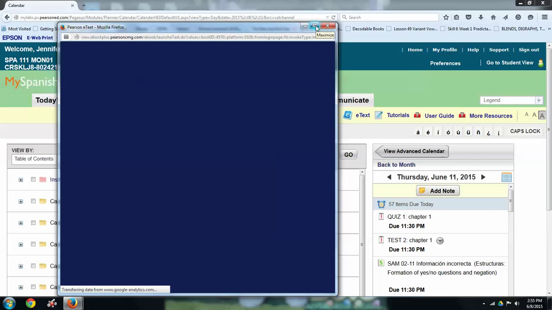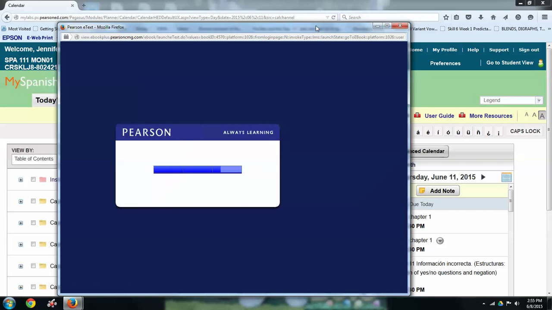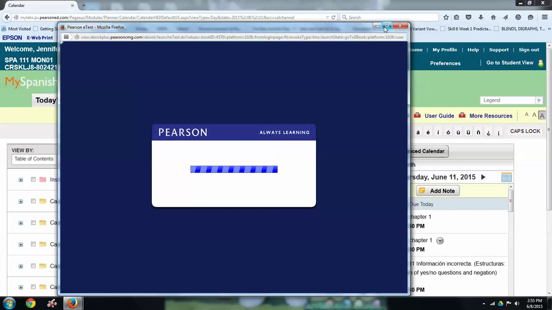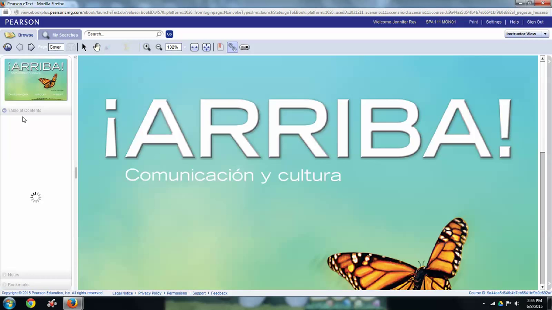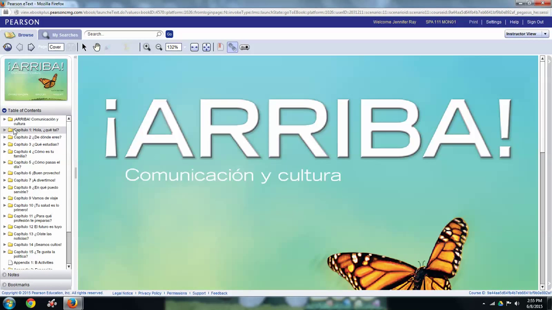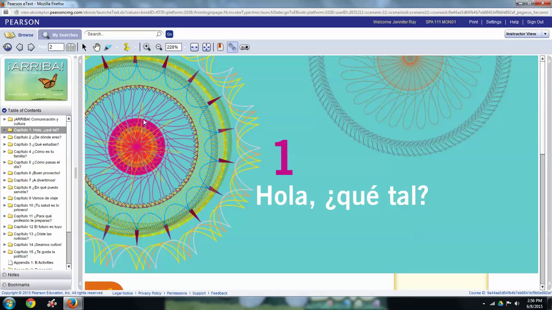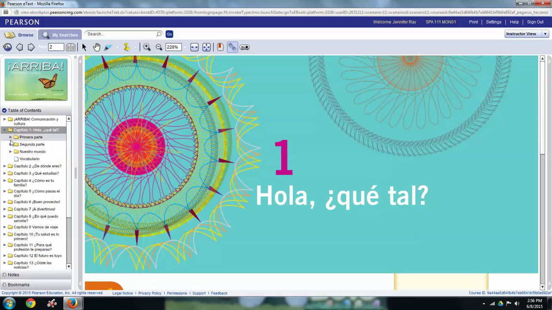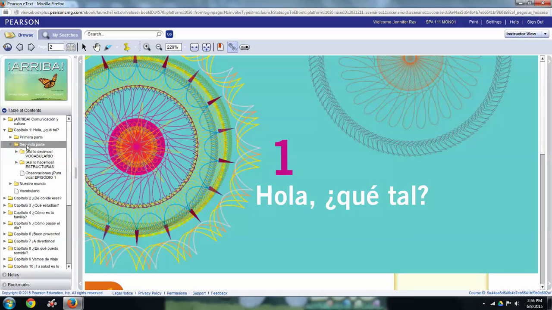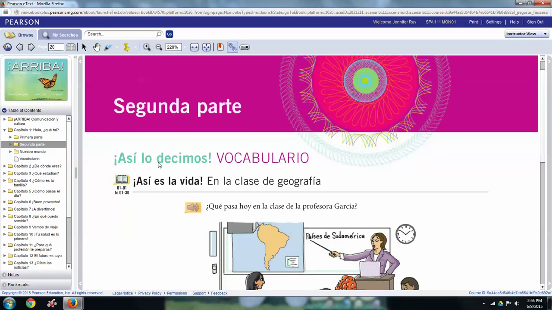It should just cover the first part of chapter 1. So if I pull up my e-text here, I'm sorry, that's taking a few minutes. We started chapter 1. You should be able to go from chapter, I think, 2 up until the second part, which is on page 20.